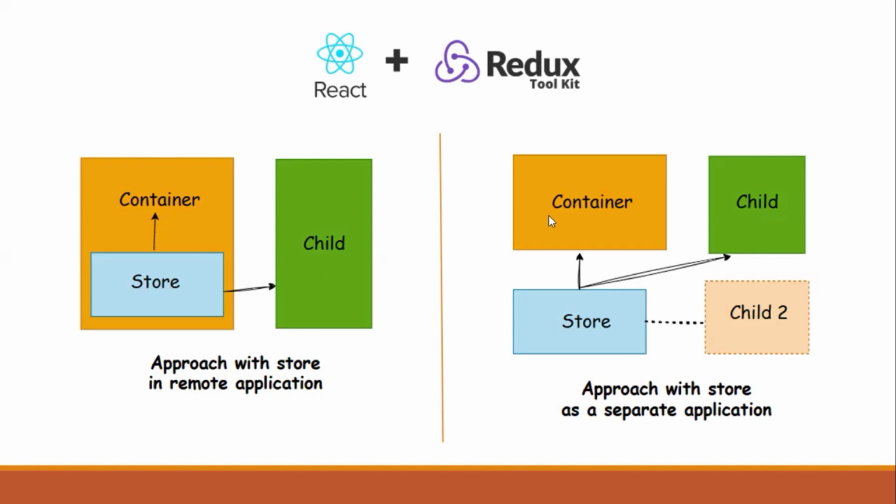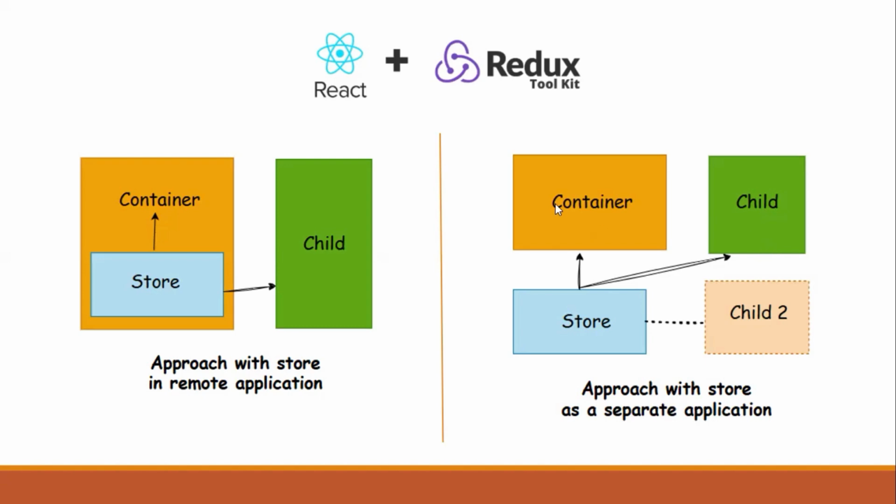But if we have multiple micro frontends and we are frequently updating our store, then keeping the store in a central place is a good option. That means we can keep our store as a separate application, and then that application can be accessed by the parent as well as all the required children.